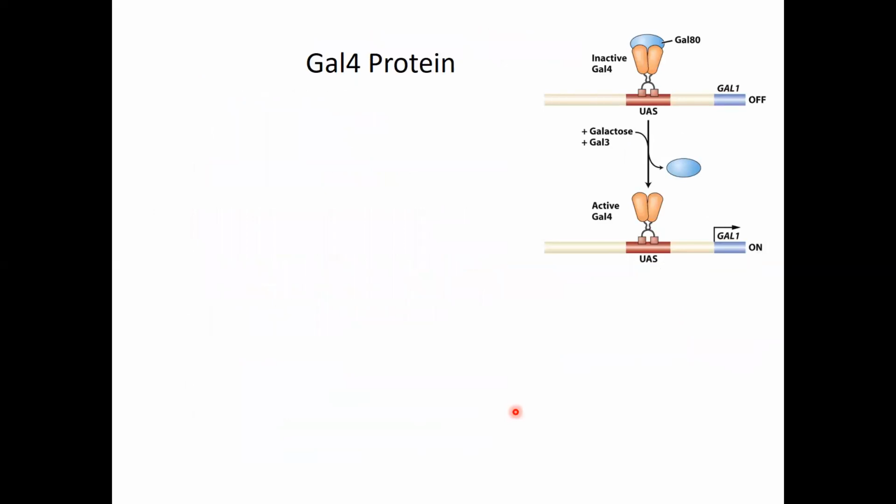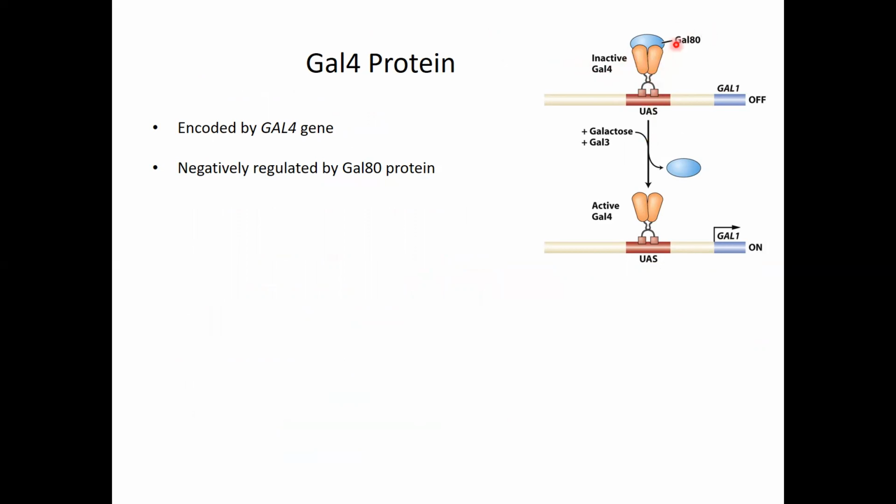So the GAL4 protein is encoded by the GAL4 gene. It is negatively regulated by GAL80. So we have GAL4 here, binding to UAS, having fun.